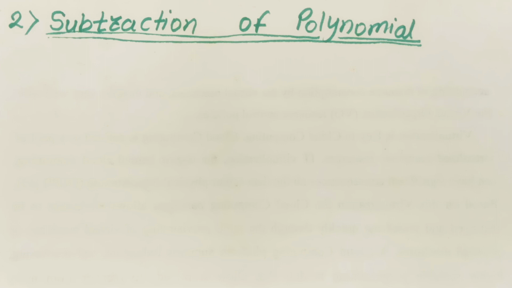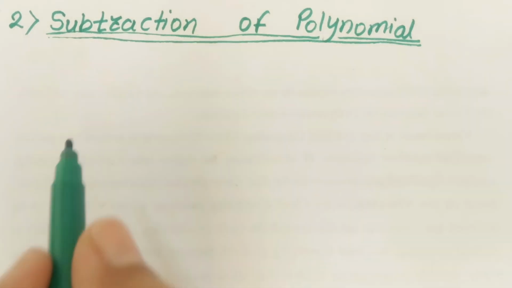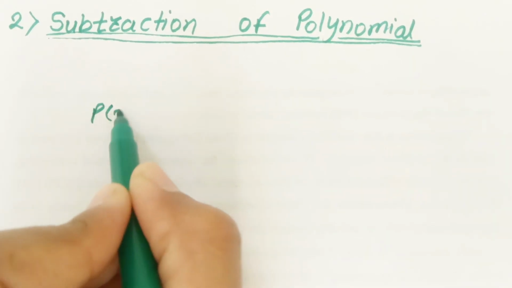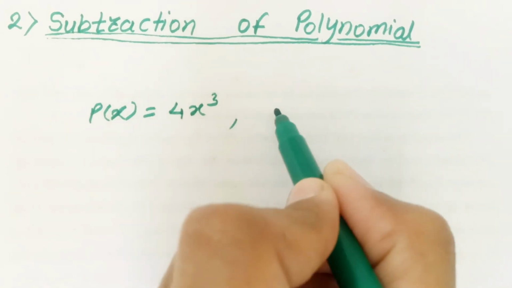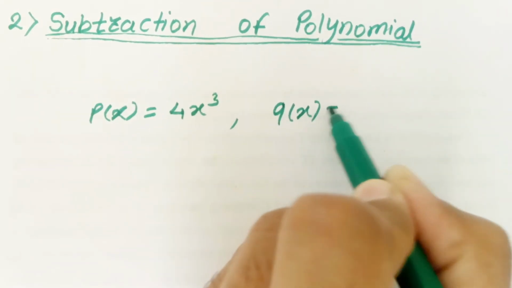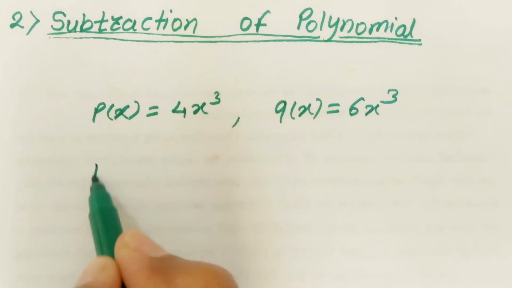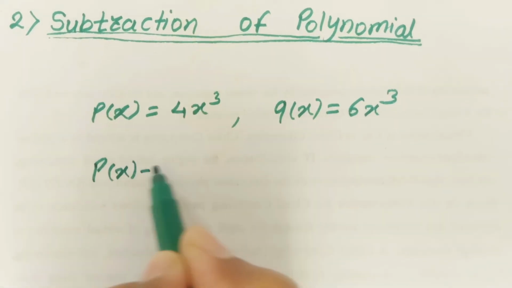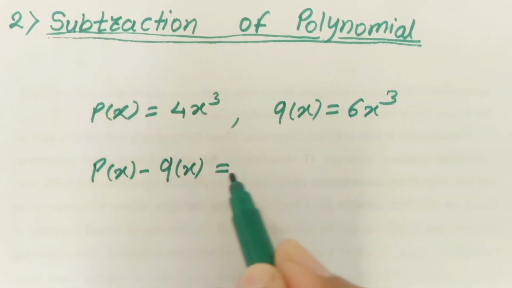See, addition and subtraction of polynomials is similar. You have to take the similar term common and then add or subtract the constants. For example, here p of x equals 4x cube and q of x equals 6x cube. And if you subtract these polynomials, that is p of x minus q of x, put the values of p of x and q of x.